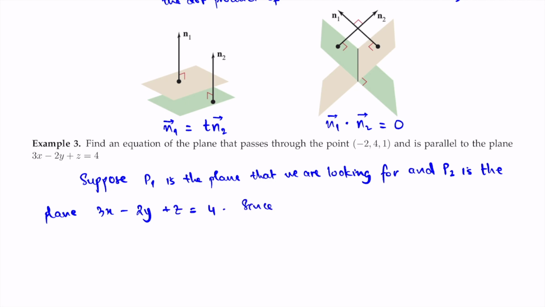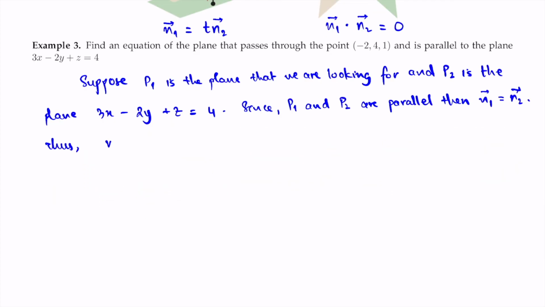Then since P1 and P2 are parallel, you have that n1 equals n2. Here we assume that the scalar multiple of n1 and n2 is going to be equal to 1. Thus, n1 is equal to n2, equal to the vector 3, -2, 1.